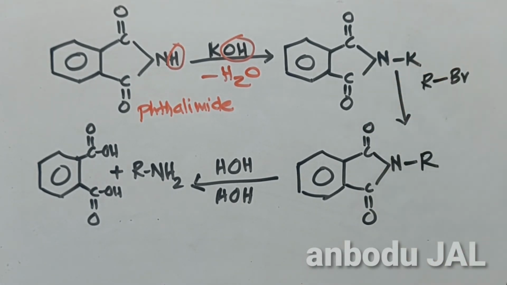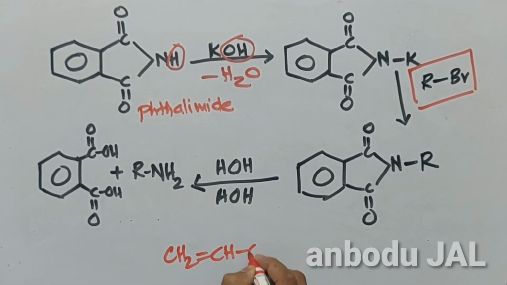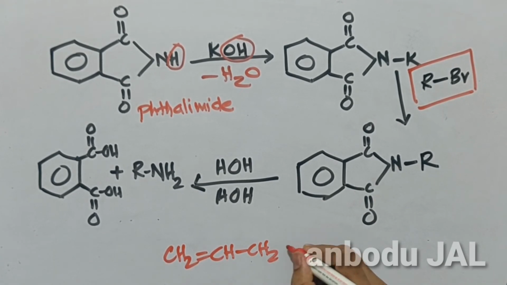Okay, in the second step, that is treated with alkyl halide. In that position, as we know from the question, allyl chloride or allyl bromide will be the reagent here. Listen here, CH2 double bond CH, single bond CH2, then Cl or Br, whichever it may be, no problem.